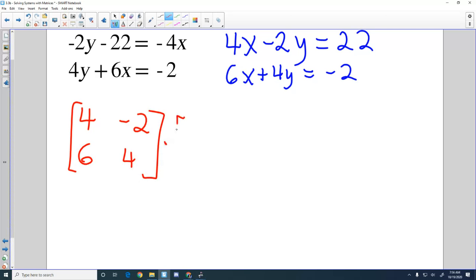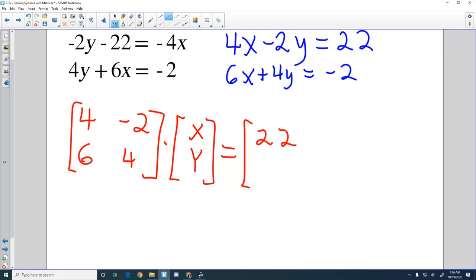And this gets multiplied by the variable matrix, and it equals the constant matrix. For the matrix on the right, you just use the numbers on the right. It lines up really nicely. 22 and negative 2.